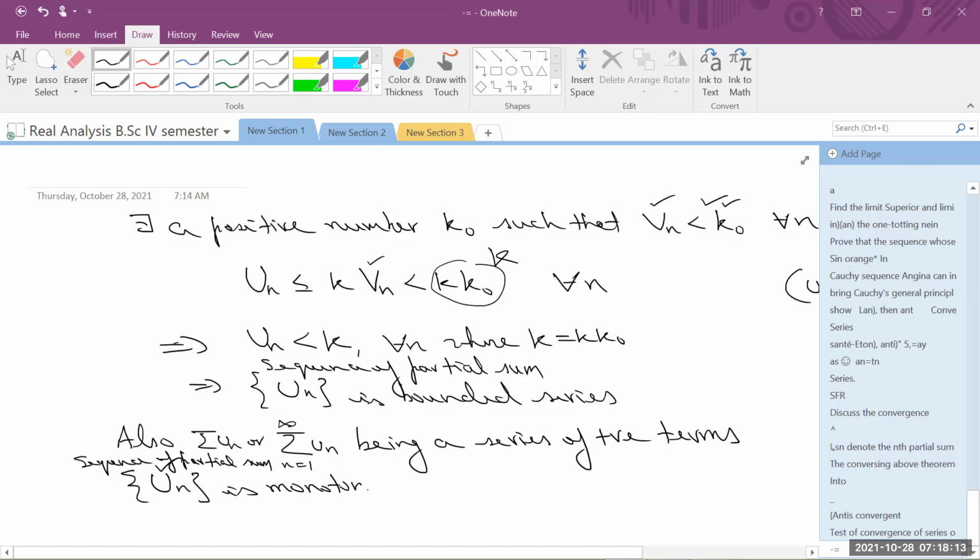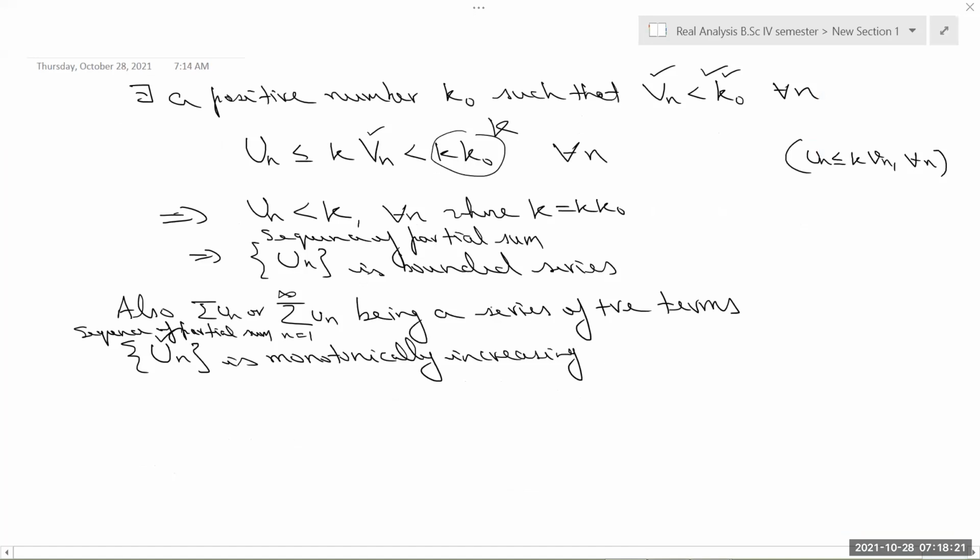Why is it monotonically increasing? Because this is a sequence of positive terms, so u1 is going to be greater than 0, u2 is going to be greater than 0.